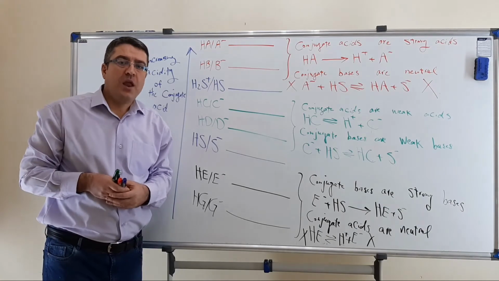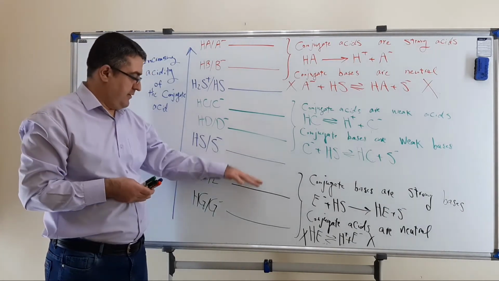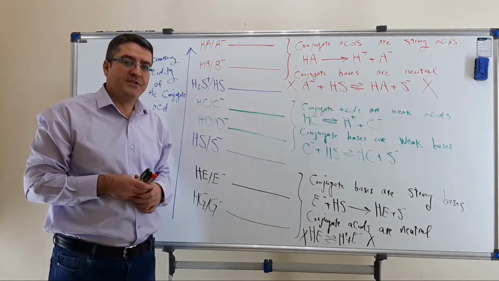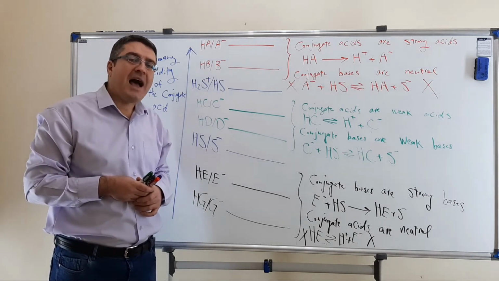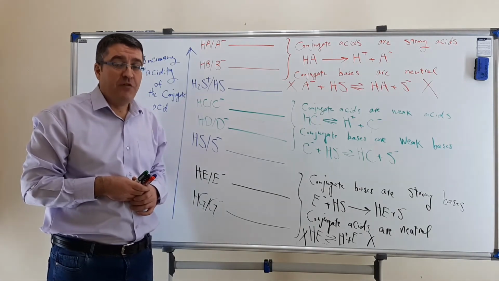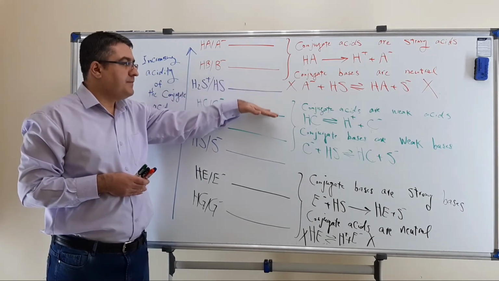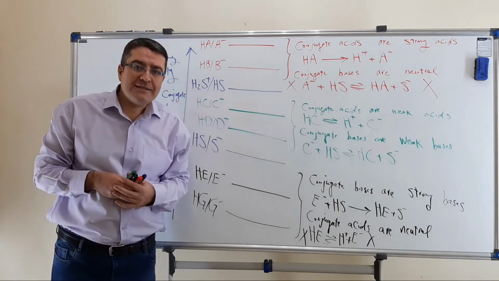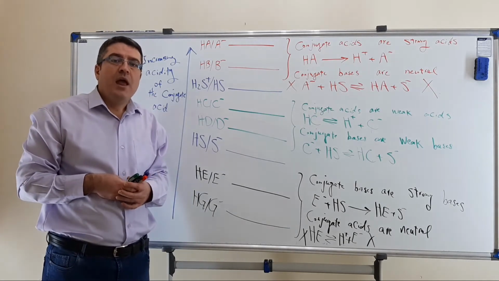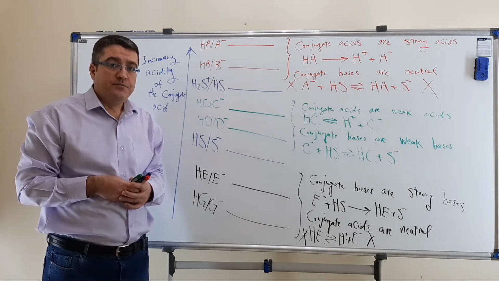In other words, solvents with higher acidities enhance the basic properties of chemical species, enhance the proton accepting capability of chemical species, while solvents with higher basicities enhance acidic properties of chemical species, enhance the proton donating capability of solutes.